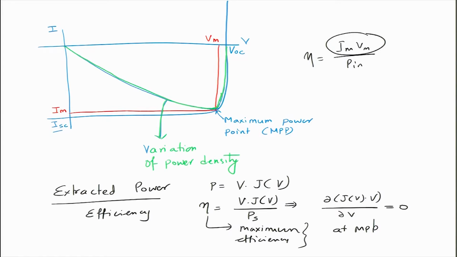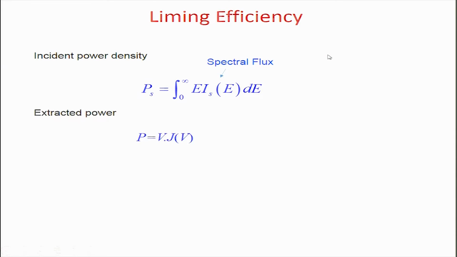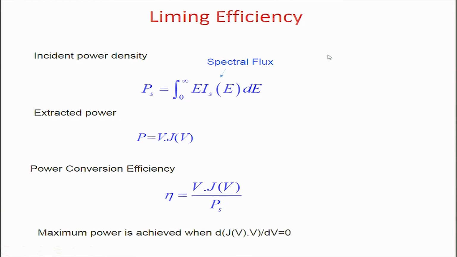Now, let us see a couple more things relevant to solar cells. So, this is what we did here. Your incident spectral power density is this E into ISDE, and extracted power is P into JV, or IV if you take the area into consideration, and then power conversion efficiency is V into JV divided by PS.